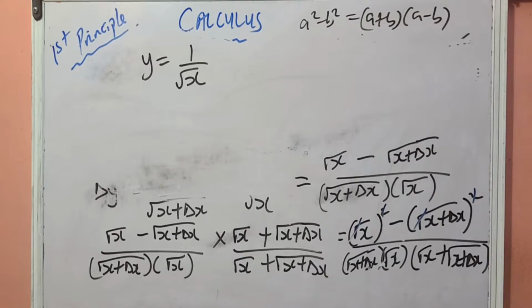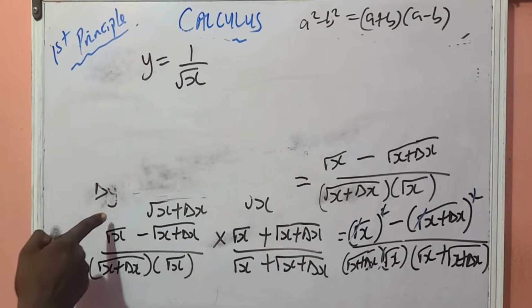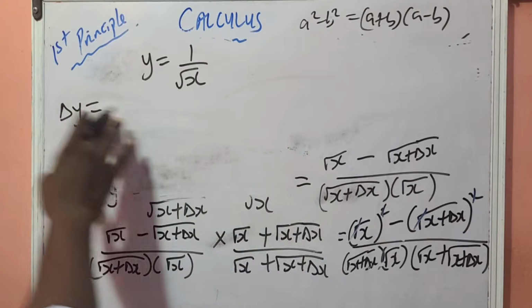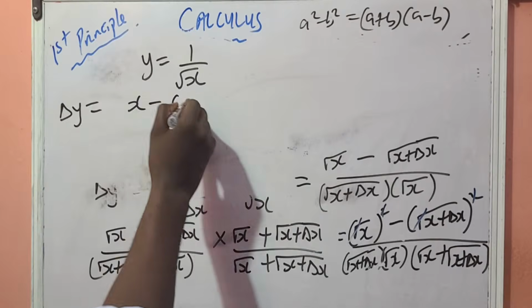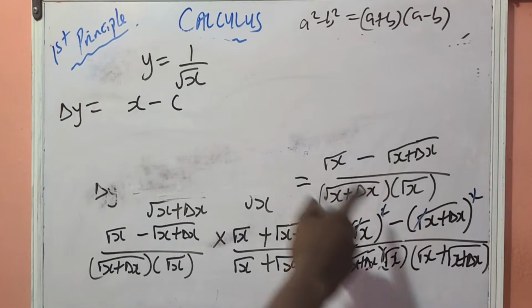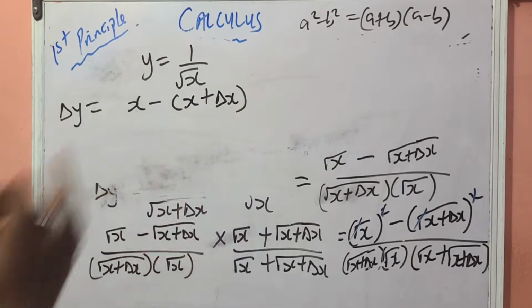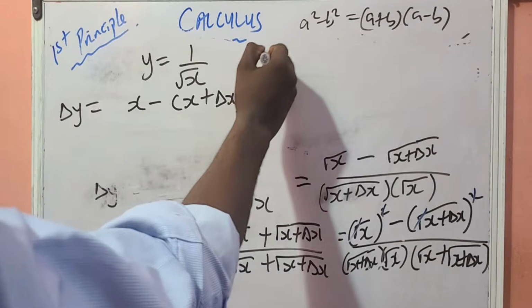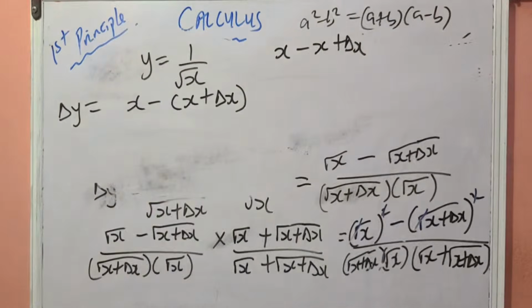So now, when square cancels square root, we're left with, don't forget, dy, as dy was the whole thing we were dealing with. So dy is equal to, the numerator is x minus, then we have, use your bracket. Please don't forget using your bracket well. If you don't, let me show you what could happen. You'll be tempted to write x minus x plus dx. This is what you would have written if you don't use your brackets well.